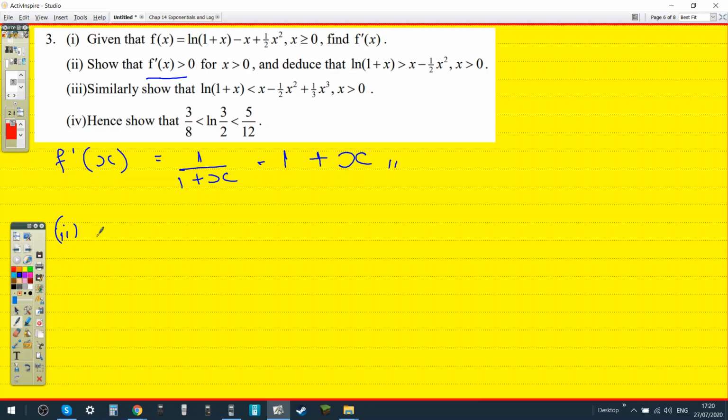Other than that, we could find quotient rule, and it'll be very easy because there's no x on top. f x differentiates to that, but I don't know how to differentiate if you have that.